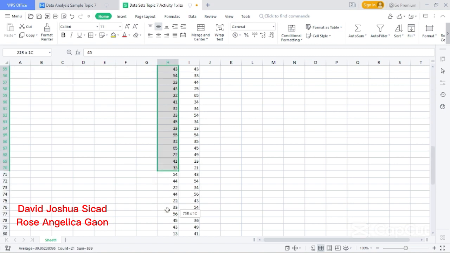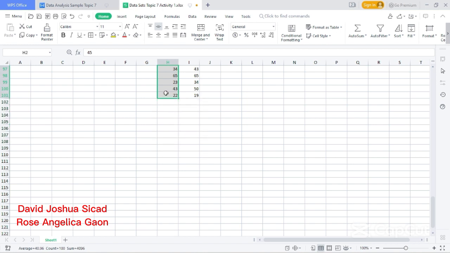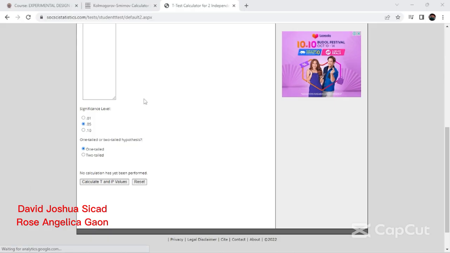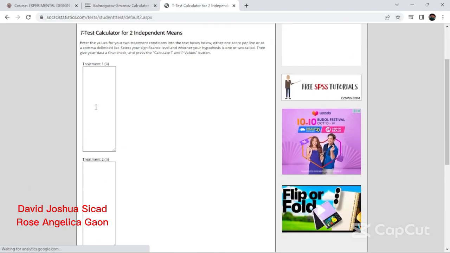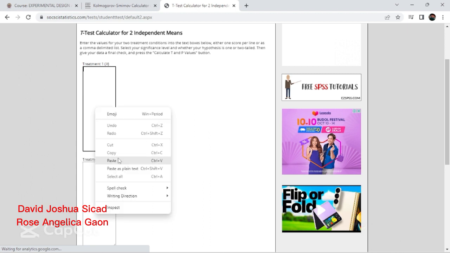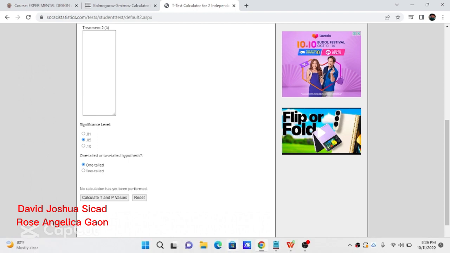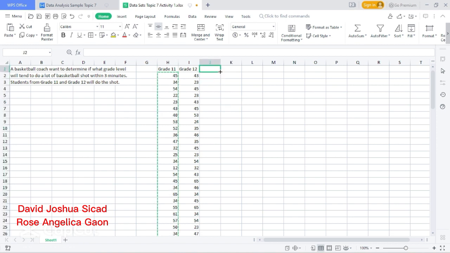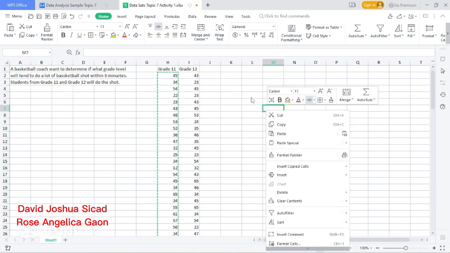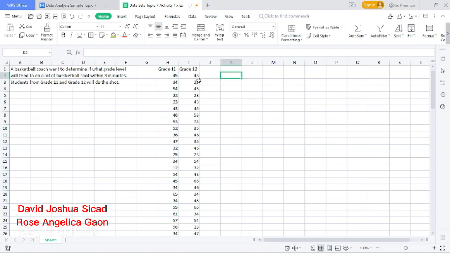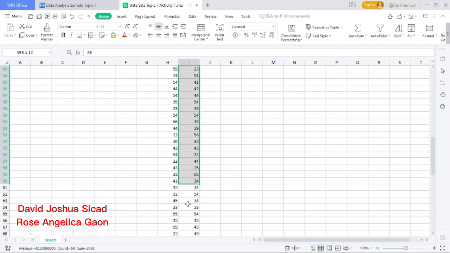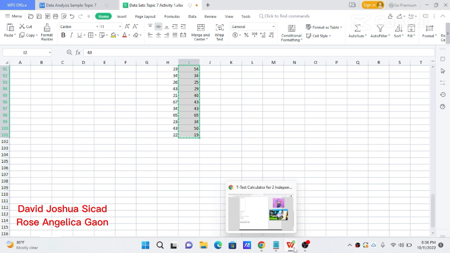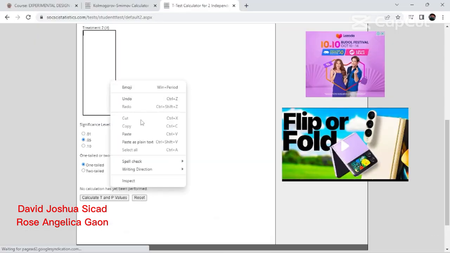The grade 11 is treatment 1, so we copy it and paste it under treatment 1. Treatment 2 is the other group, and we paste it.